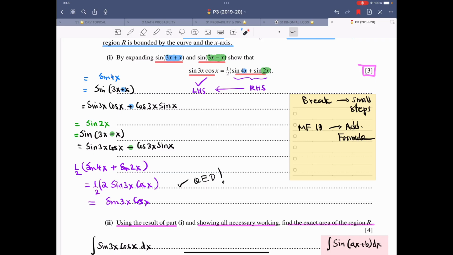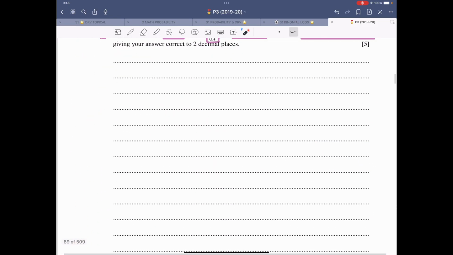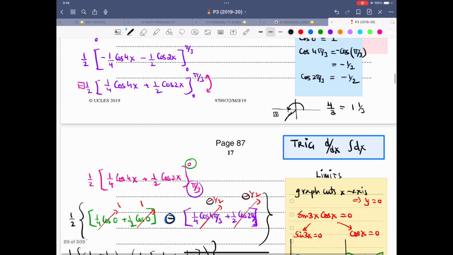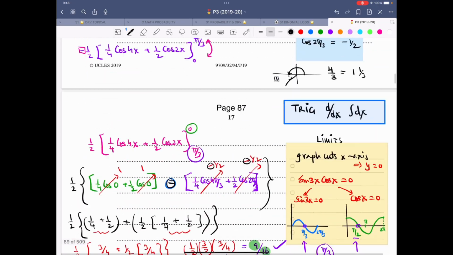So sine 3x cosine x, let me write over here. First of all, let me grab a black marker. Y is equals to sine 3x cosine x. Isn't that the same thing as half bracket sine 4x plus sine 2x? That is the first conversion. That is the result of part 1. Now, what exactly are they saying?